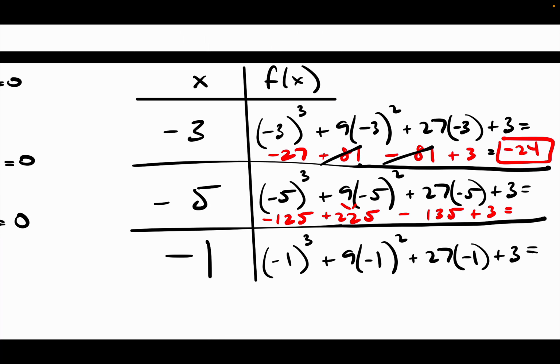So let's see. -125 plus 225 is 100. Minus 135 is -35. Plus 3 is -32.